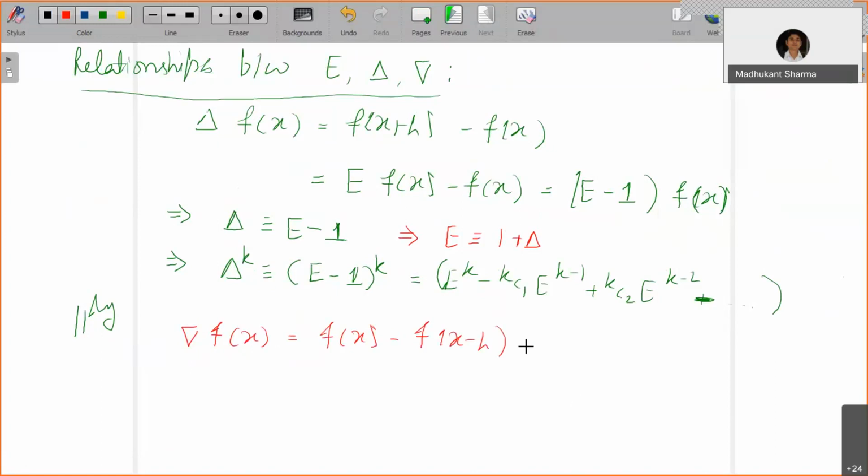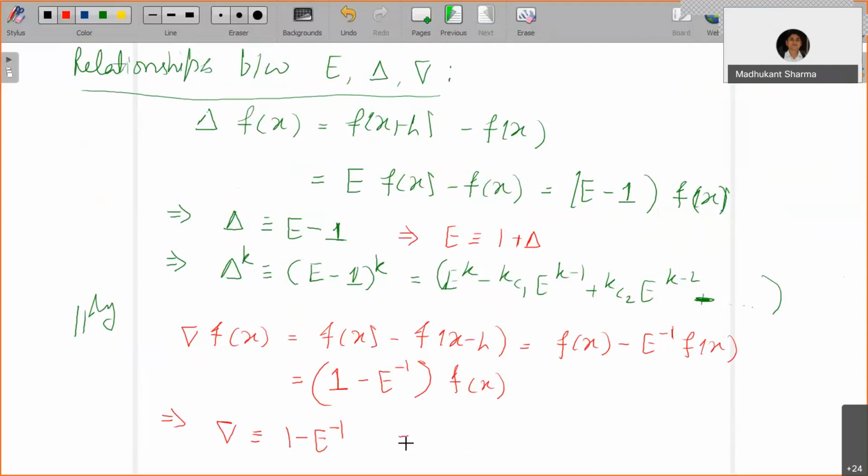And if you use the shift notation, it is f of x minus E to the power minus 1 f of x, which equals 1 minus E inverse applied on f of x. So the backward difference is identically 1 minus E inverse.